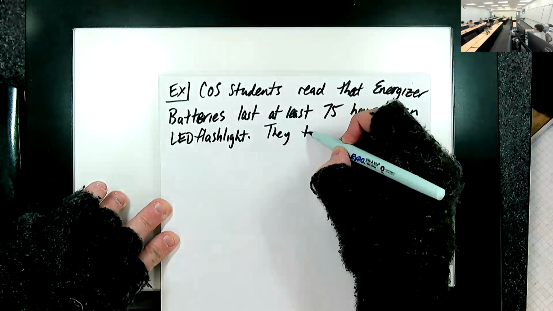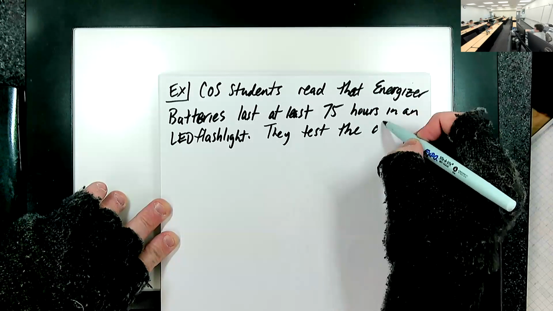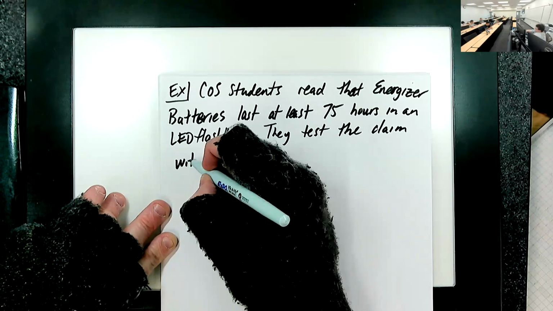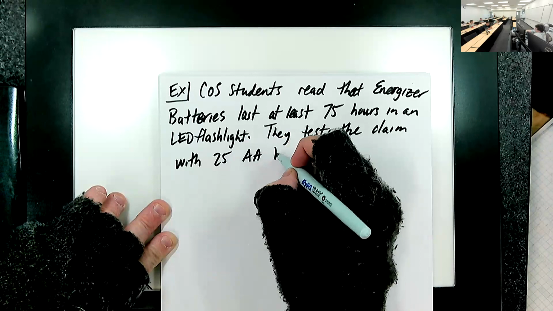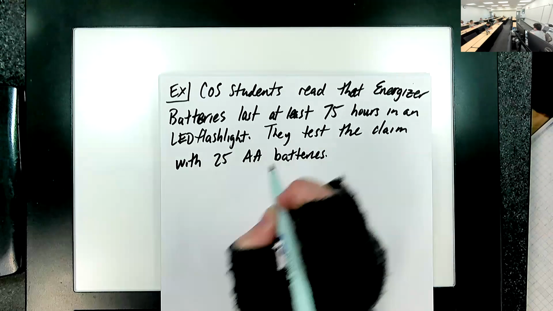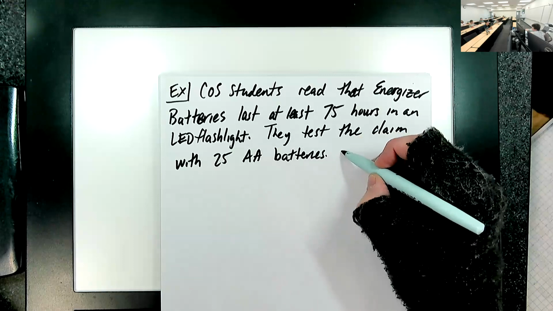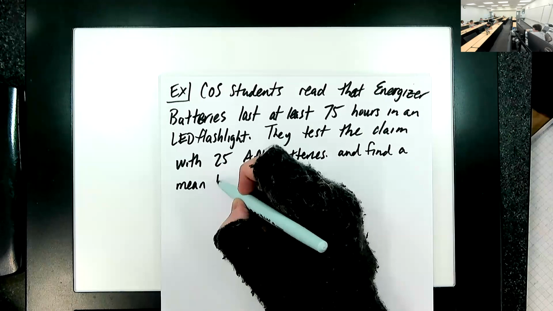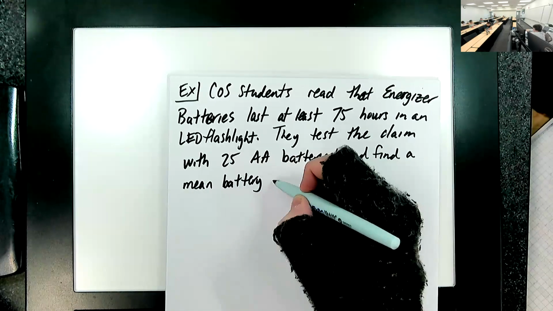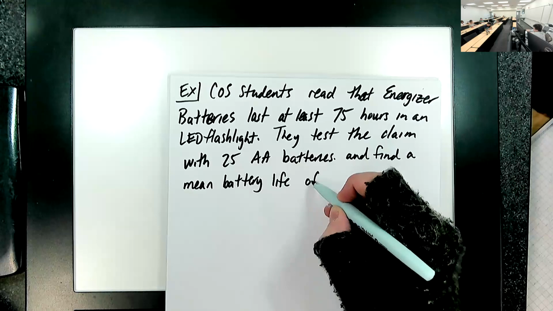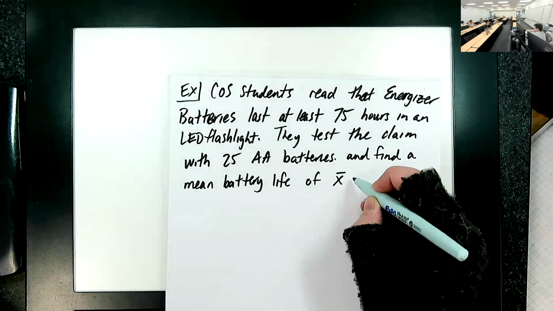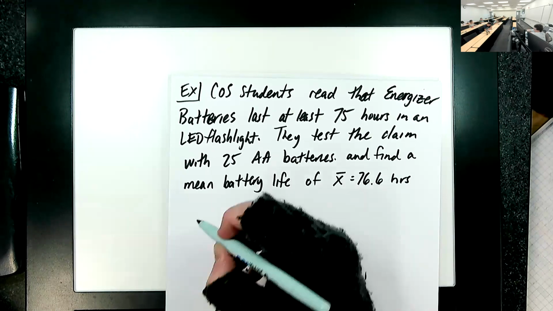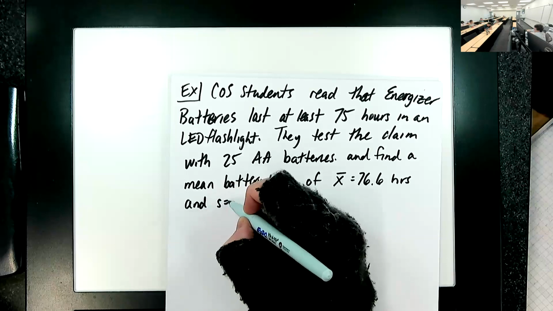They test the claim with 25 AA batteries and find a mean battery life of x bar equals 76.6 hours and a standard deviation of 4.43 hours.